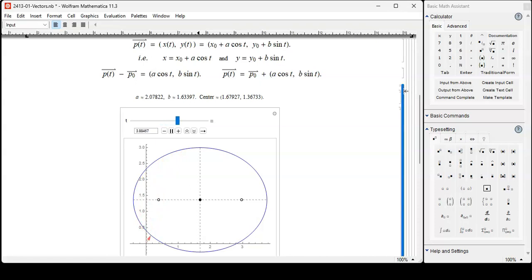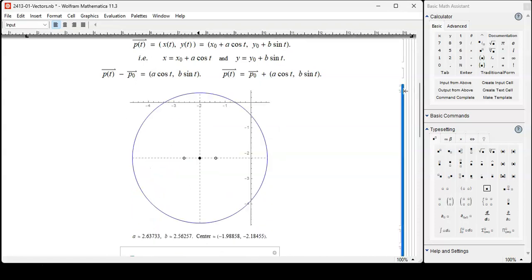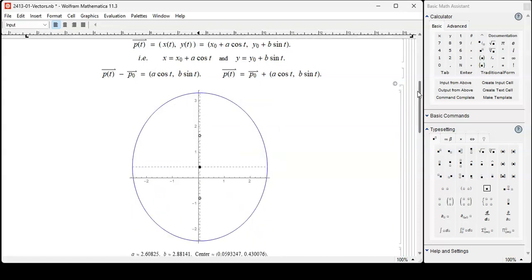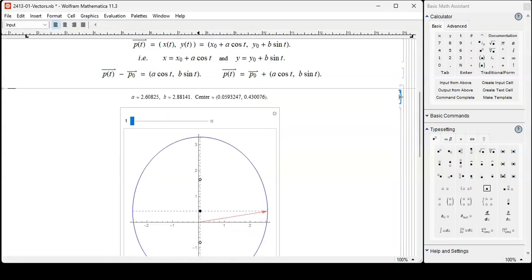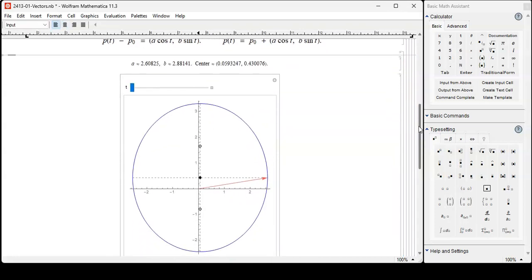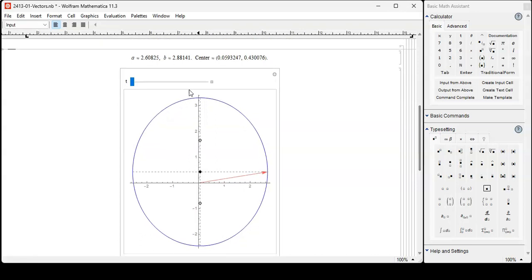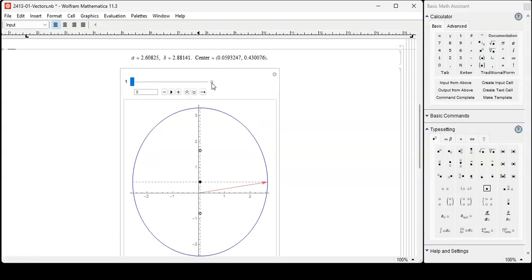Let's see, this program is randomized, so if I run it again, maybe you're going to end up with, oh yeah, in this kind of case, the b value is bigger, so we have an ellipse stretched more vertically. So vertically 2.88 something, horizontally 2.6 something, so vertically stretched more, so we have an ellipse this way.